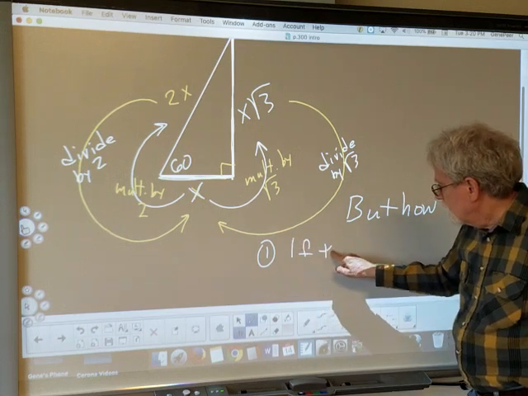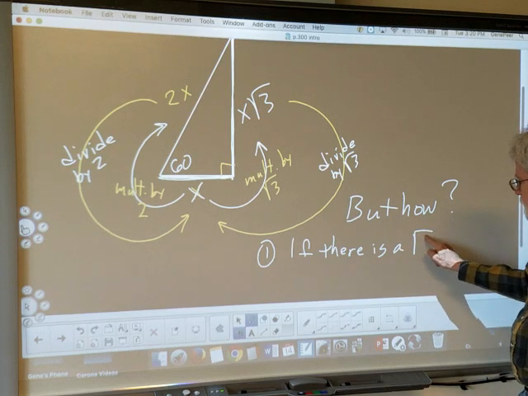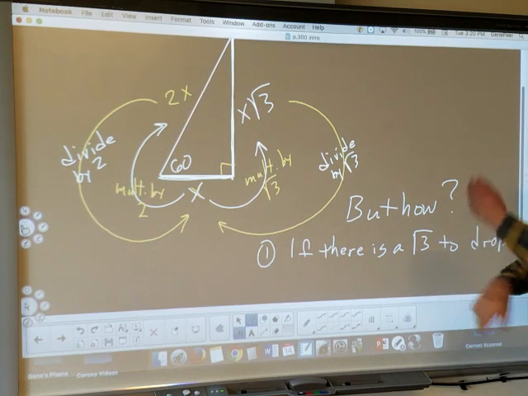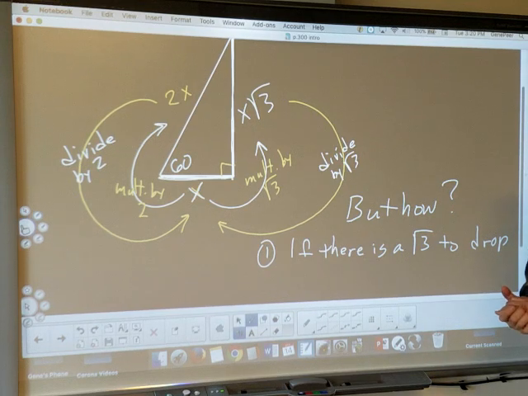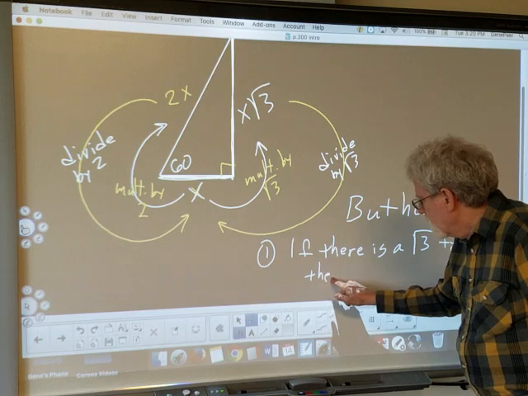If there is a square root of 3 to drop, then what should we do? Well, how about then drop it?